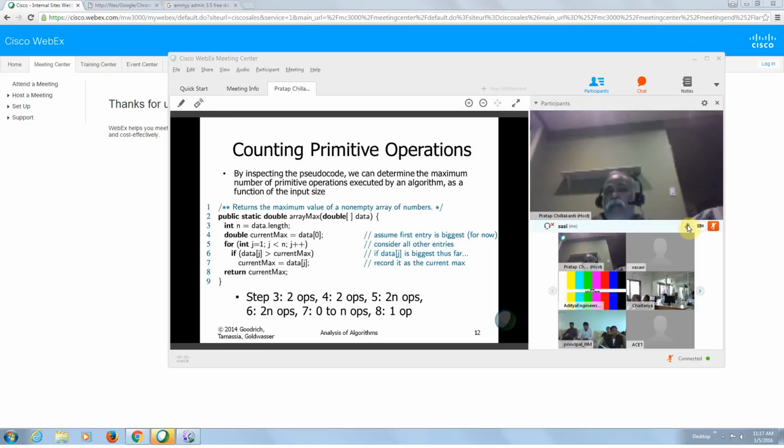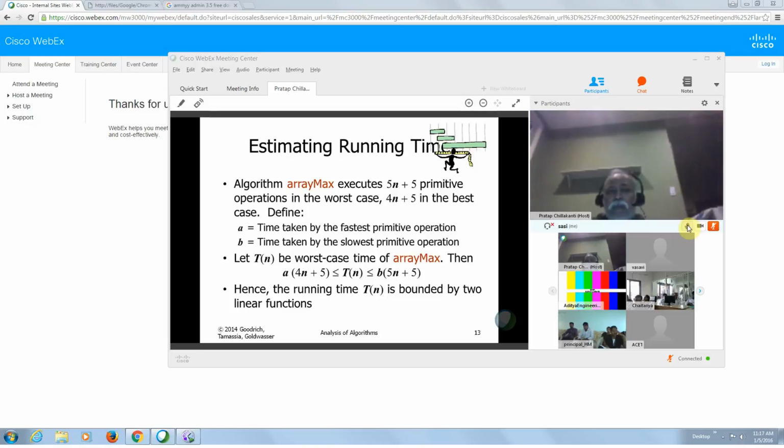OK, so now if you take this approach, what are we doing now? Now we are estimating the running time, right? How many times these primitive operations need to be executed.